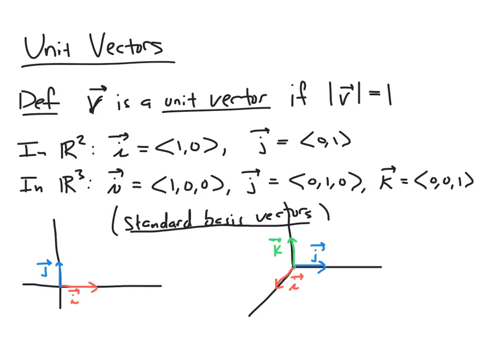You don't need to understand what a basis is for anything that we're going to do. It is a linear algebra term, but these sets of vectors do form a basis in that context. One nice property of the standard basis vectors is that every vector v can be written as a linear combination of those standard basis vectors.